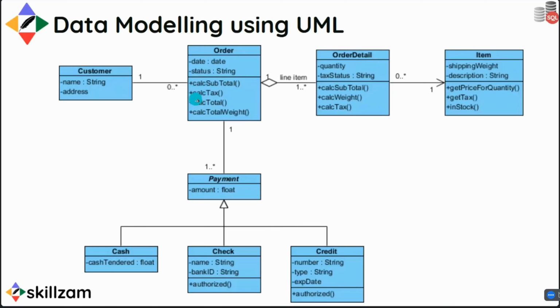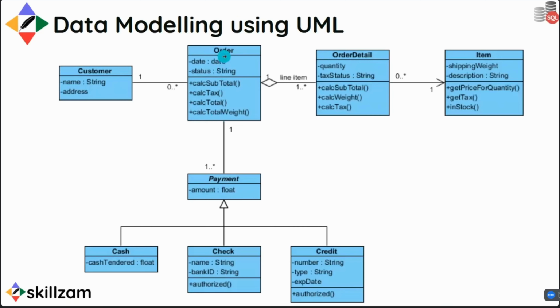And then there are certain methods here. Methods are nothing but the functions inside the class. They talk about the behavior. So what they do is calculate subtotal, calculate the tax, calculate the total, and calculate the total weight of the order. All these are the methods or functions that can be used inside the class.